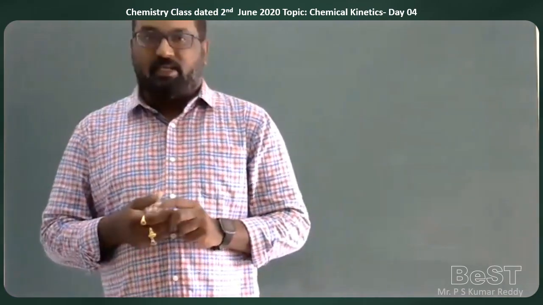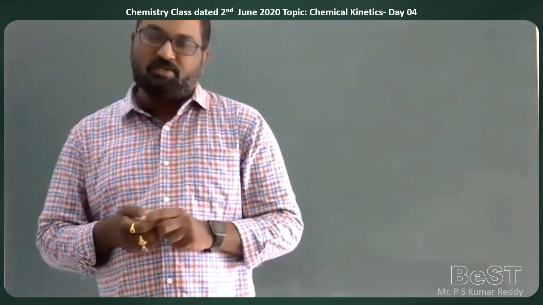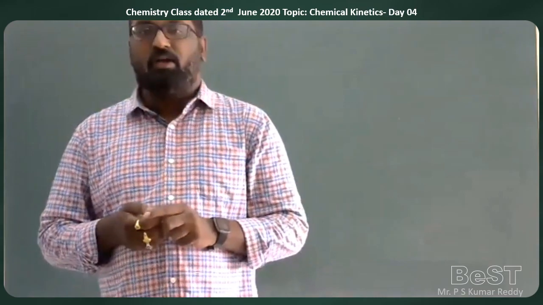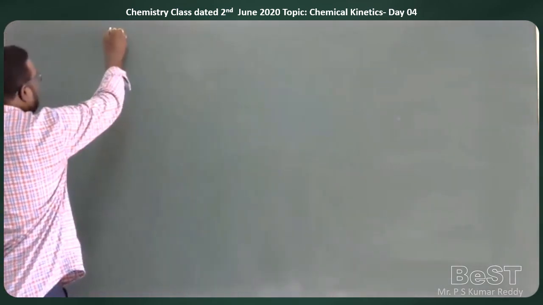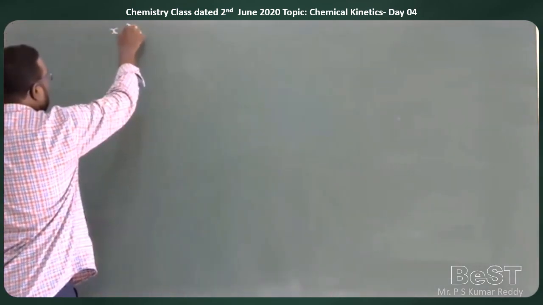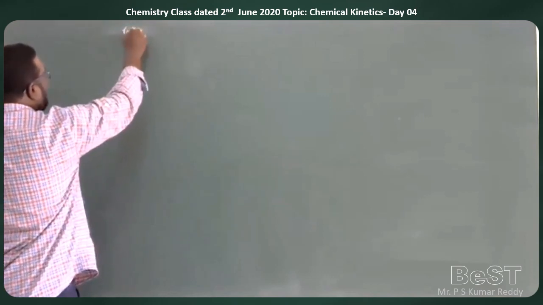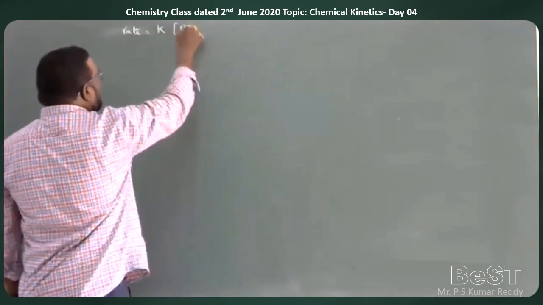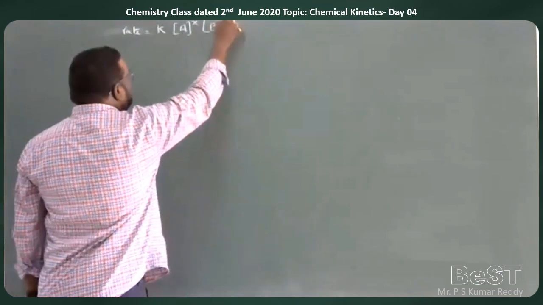In our previous class, we were discussing the units of the rate constant of a reaction with respect to the order of the reaction. For that, we had taken the rate equation: rate is equal to K into concentration of A to the power of x and concentration of B to the power of y.